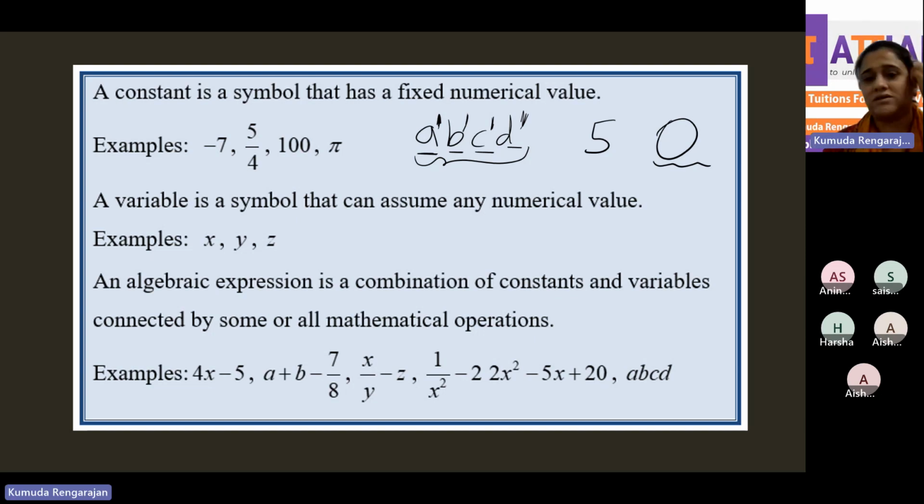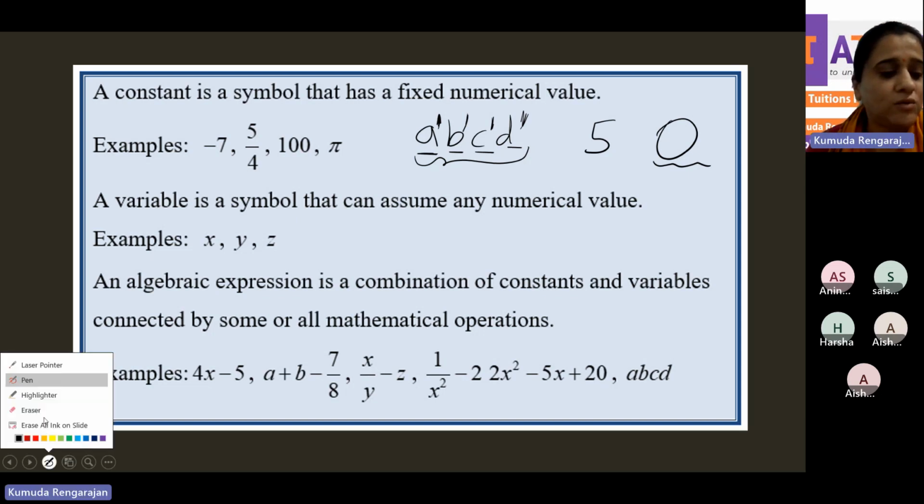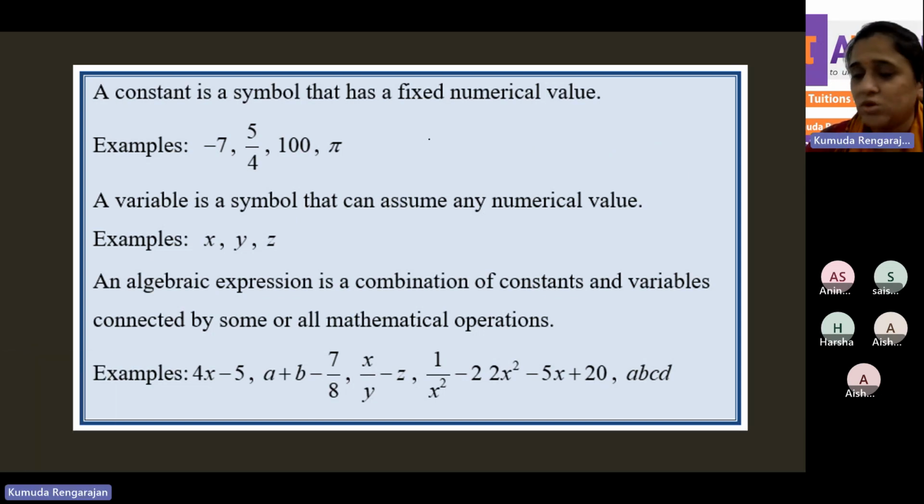So we'll do all this next year. For now, this understanding is more than sufficient. ABCD is a polynomial. So don't think many terms. If the expression has many terms, then it's a polynomial. No, that's wrong. That's not at all the definition. That we assume ourselves from the English meaning of poly.